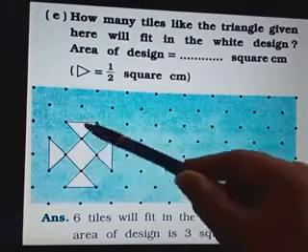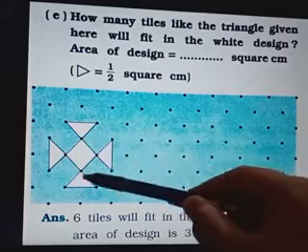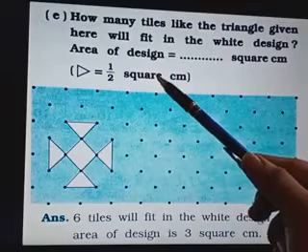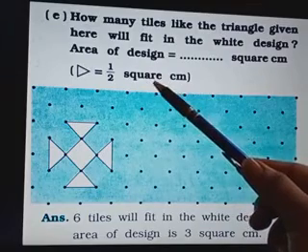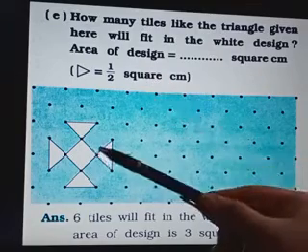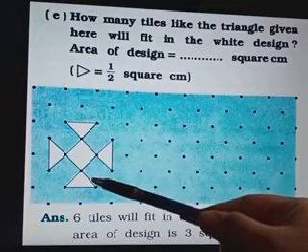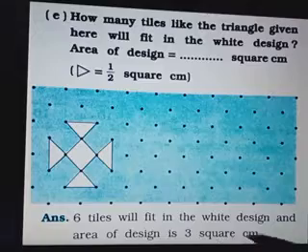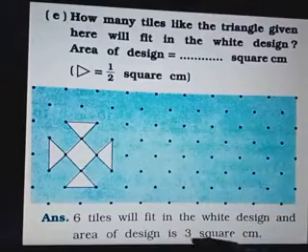How many tiles will be needed to fill this shape? 6 tiles. And here what measurement is given? One particular tile is half centimeter, so 6 divided by 2 will be 3 square centimeters. So we can say these 6 tiles have an area of 3 square centimeters.